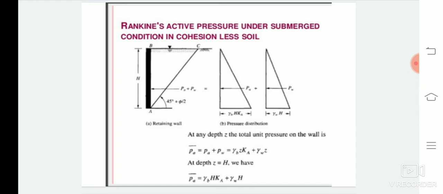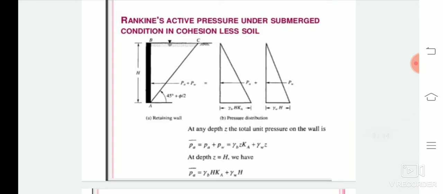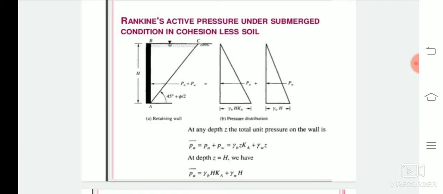And if we need to find the total earth pressure on the whole retaining wall surface, then it can be found by integrating both these values from 0 to h.